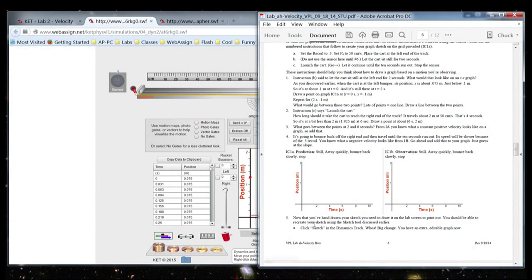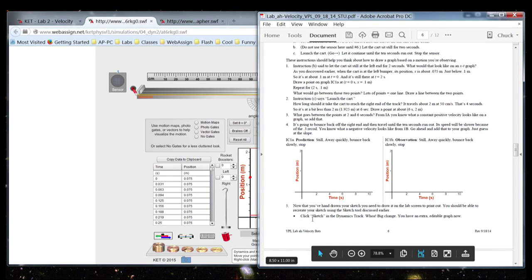And then I think maybe you upload this graph, but you'll actually show the results of your observations as well as your predictions. Okay, so that's what's going on there. And at the very bottom here, it says to sketch. Click sketch in the dynamics track.